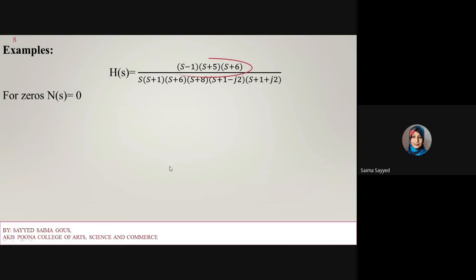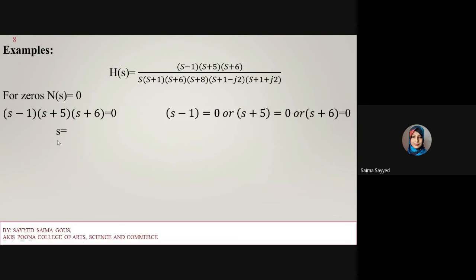Substitute this equal to 0 to find the zeros. (s - 1)(s + 5)(s + 6) = 0. So s - 1 = 0, s + 5 = 0, or s + 6 = 0. Now it will become s = 1, s = -5, and s = -6.